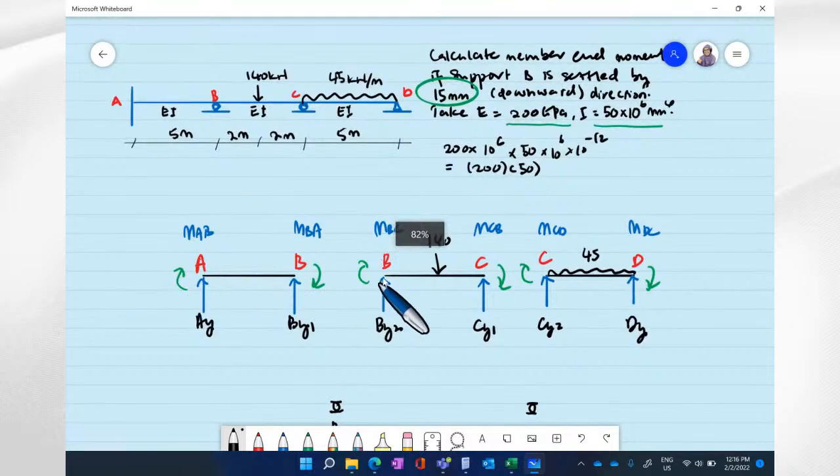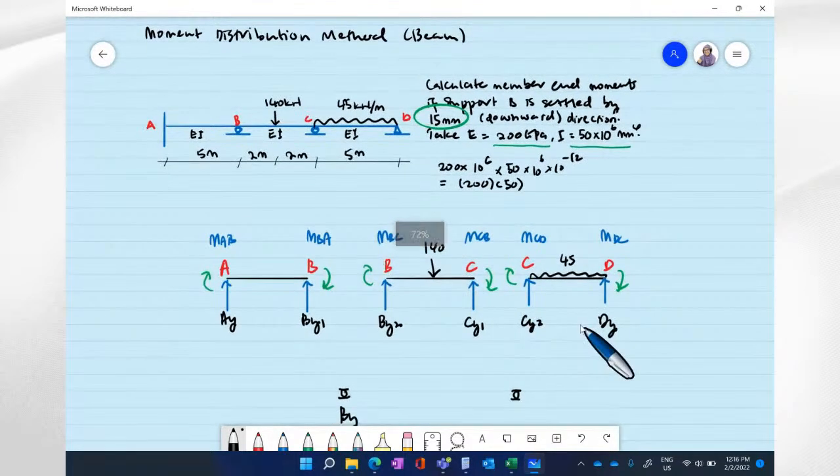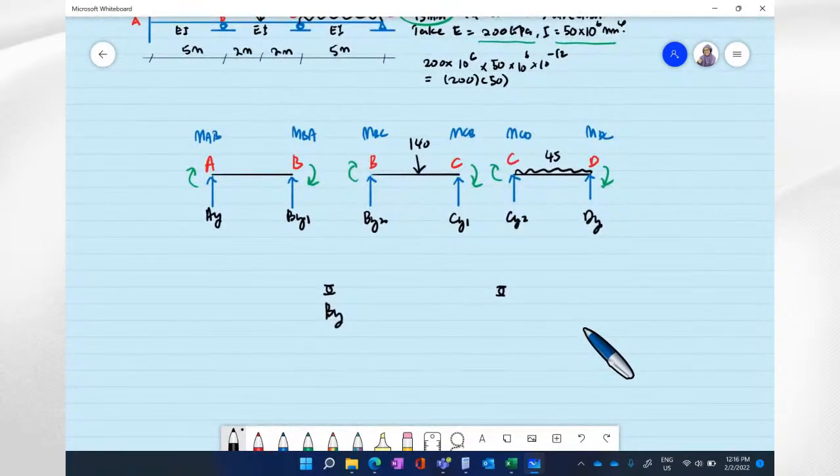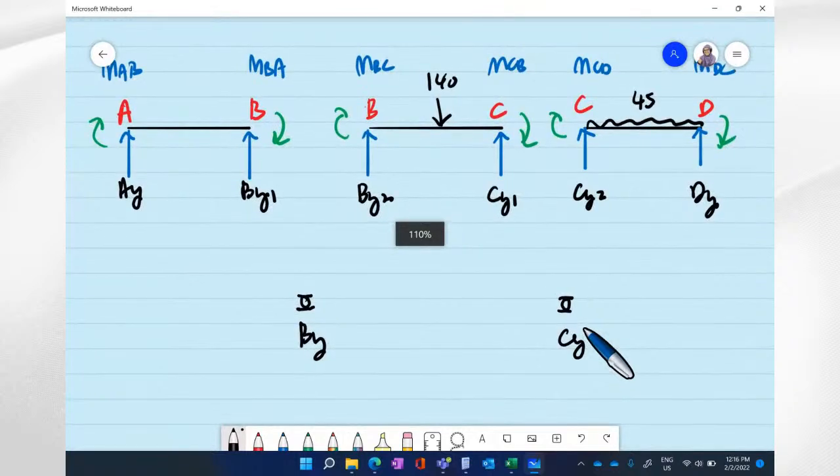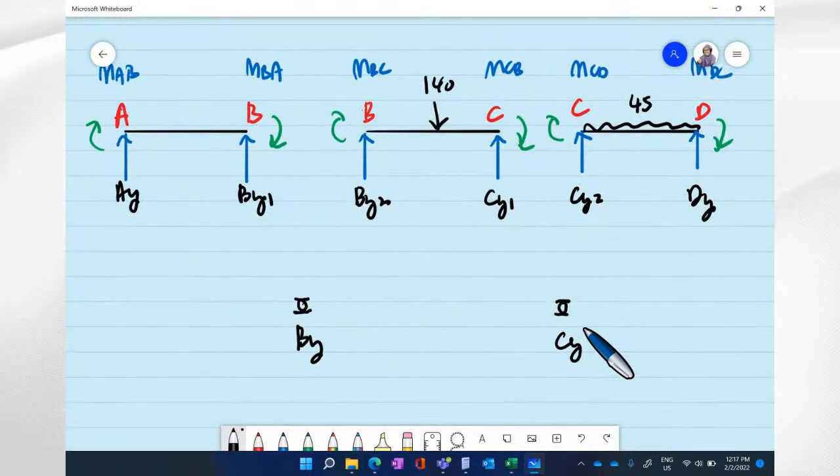So besides elements, we also have joints. So we have BY and CY. This is CY. And always remember that joint moment is opposite with member end moment.